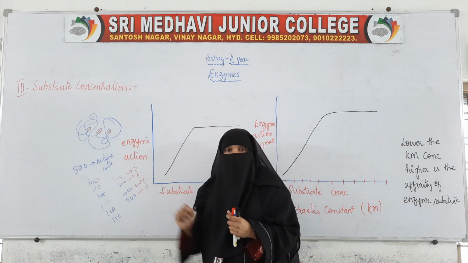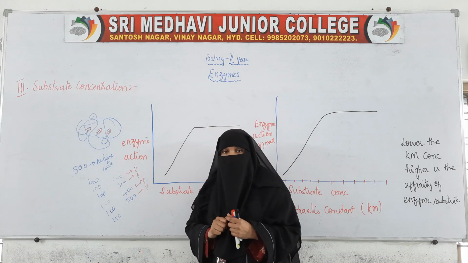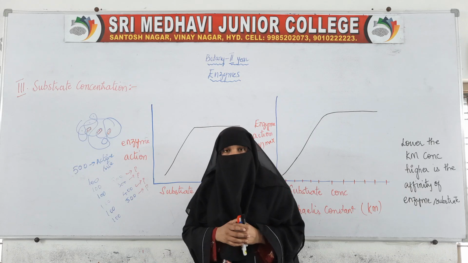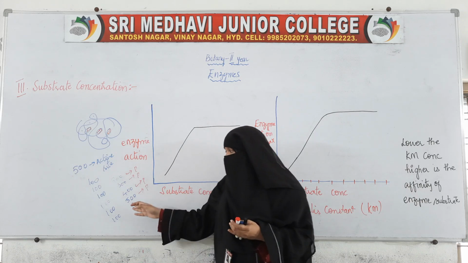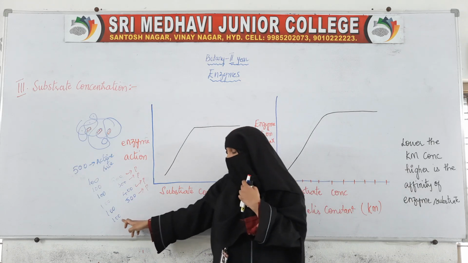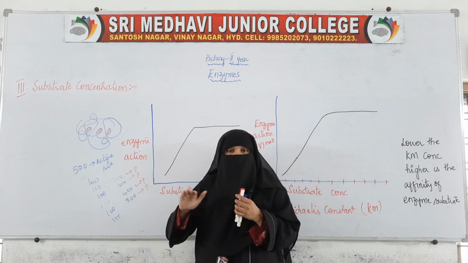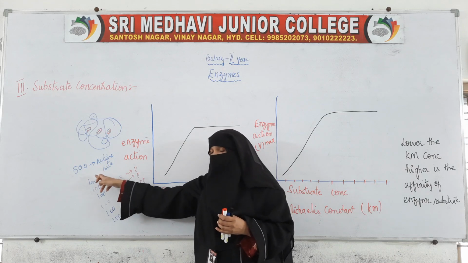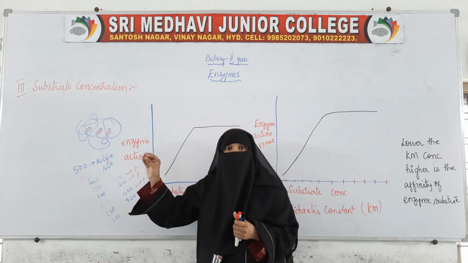Now there are 600 substrates, and the active sites have already been filled. So where will this 100 substrate go? It has to wait till these sites become empty. Then only it can go and fix.